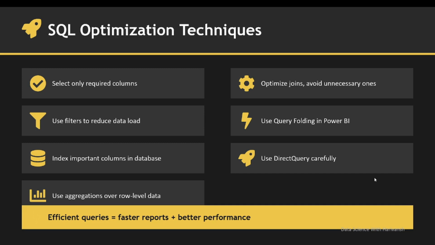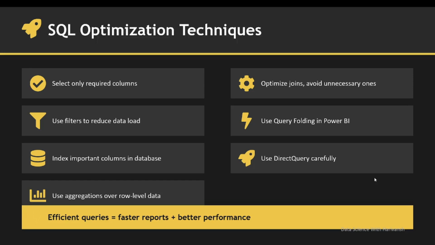The fifth technique is to optimize joins and avoid unnecessary ones. Joins are computationally expensive operations, especially when joining large tables together. Every unnecessary join adds processing overhead to your query. Before writing a query with multiple joins, ask yourself whether every joined table is truly needed for your report's requirements.